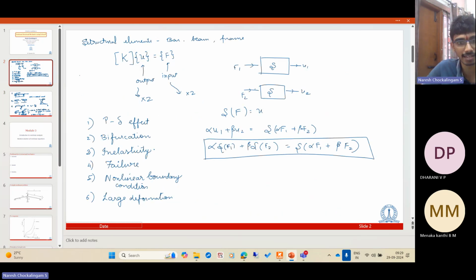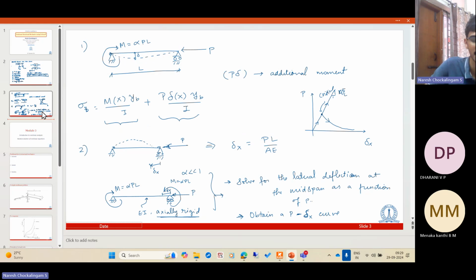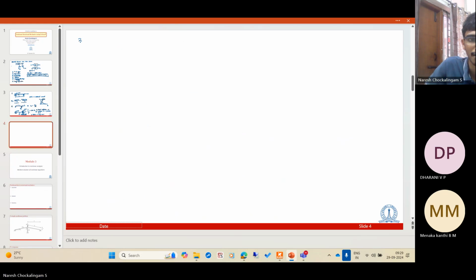Then we have inelasticity, for example, yielding. You take a beam, subject it to a midpoint load, and keep increasing the load P. At some point, the stress at the bottom of the beam, say sigma B, will reach the yield stress. Beyond that point, the cross-sectional stress distribution will be nonlinear. Initially it is like this.